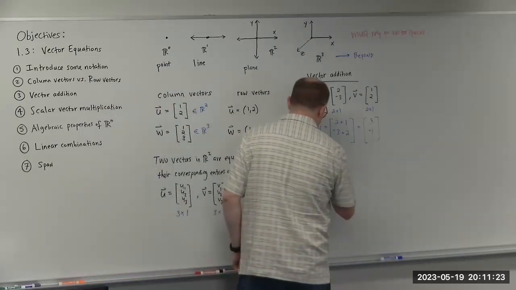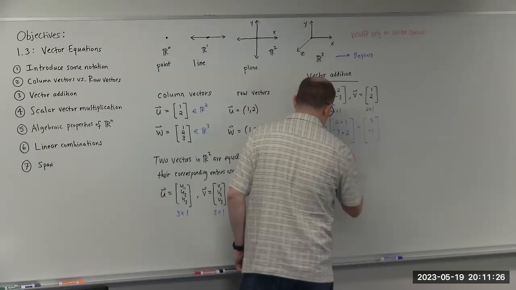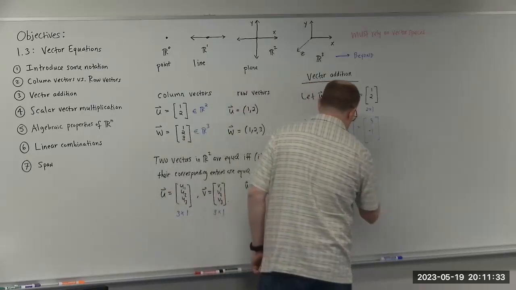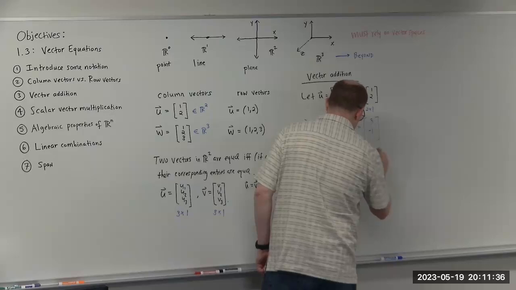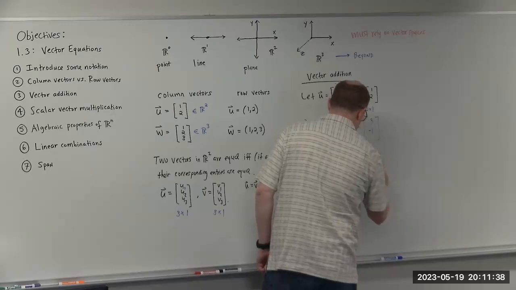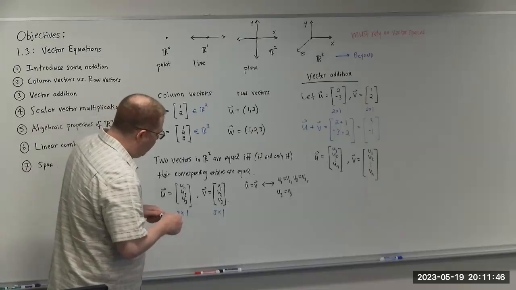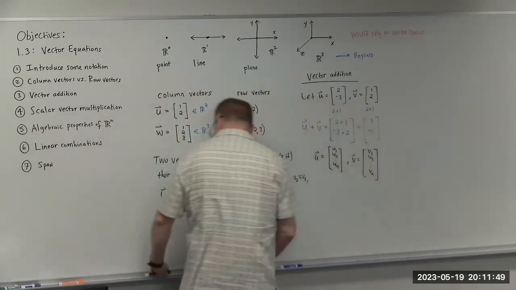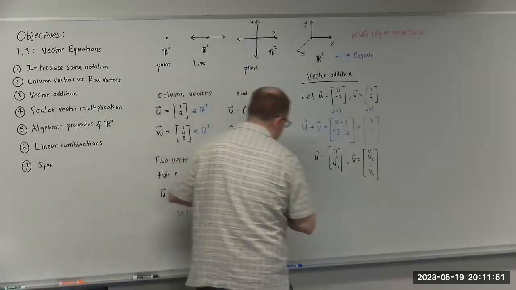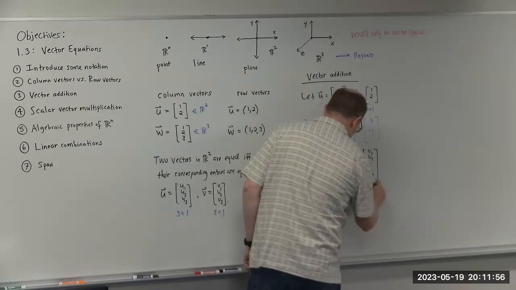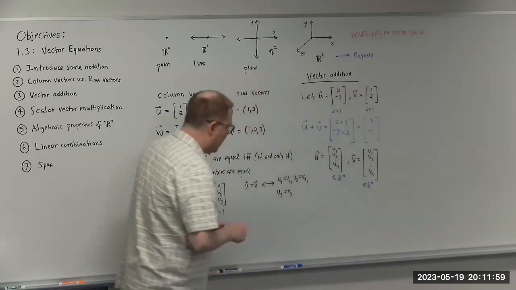So if we have u equal to, let's say, u1, u2, dot, dot, dot, u of n, so that's a vector in R of n. We have n entries here, and let v be equal to this vector. Both of these belong to R of n, so they're the same size.